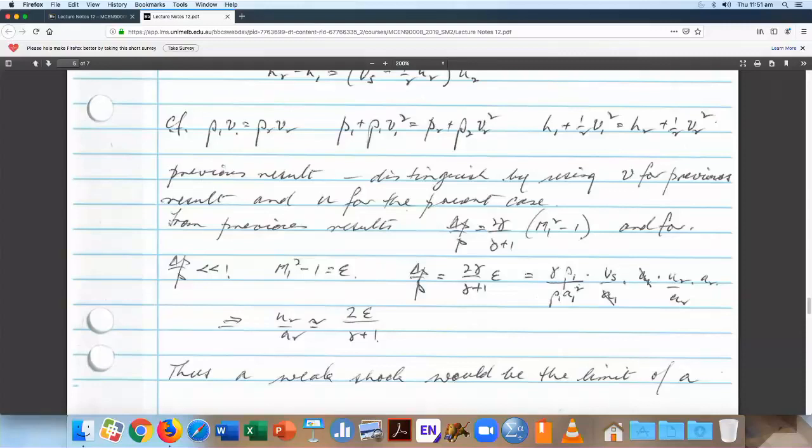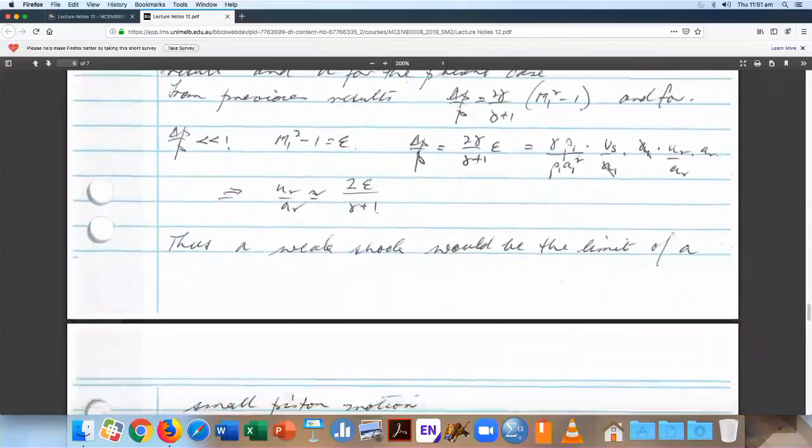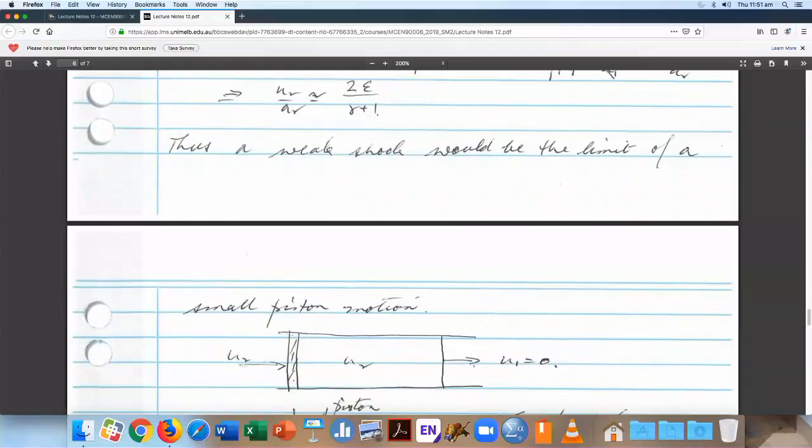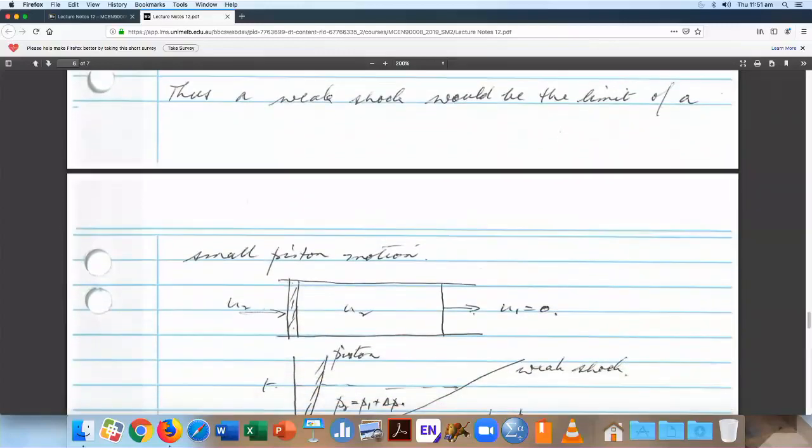U2 gets very small, and U2 divided by A2 is of the order of 2 epsilon over gamma plus 1. So if epsilon is a very small quantity, the pressure change is very small, because the pressure change is proportional to epsilon. If that's very small, then the velocity divided by its speed of sound is very small. So I get to this point that I want to make. Thus, a weak shock would be the limit of a small piston motion.